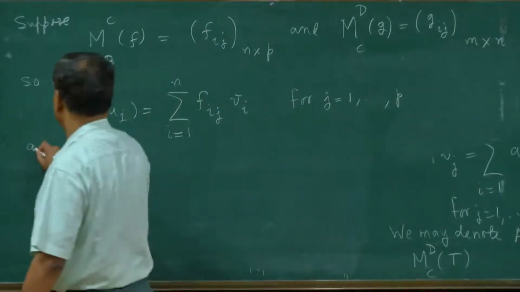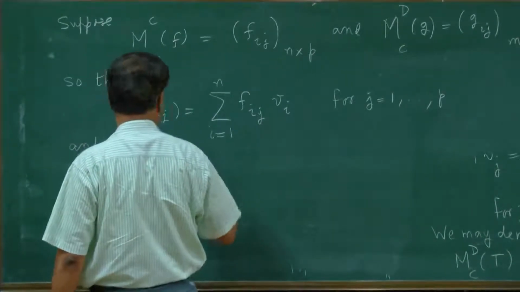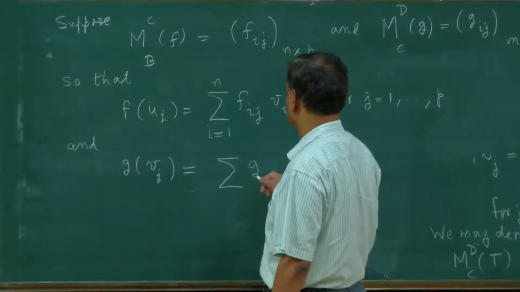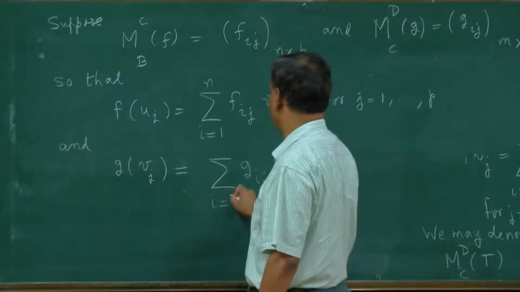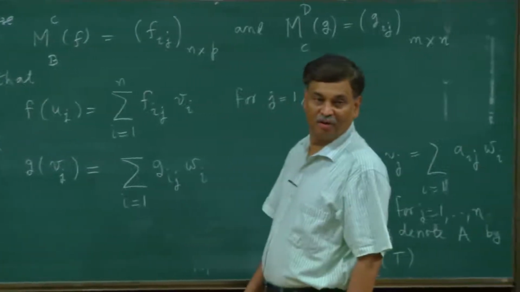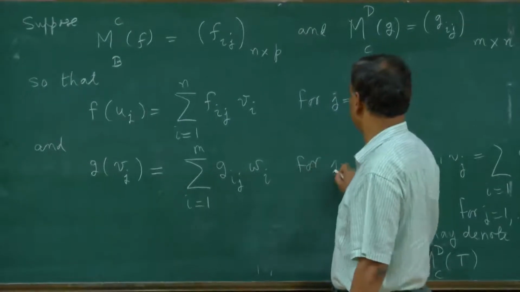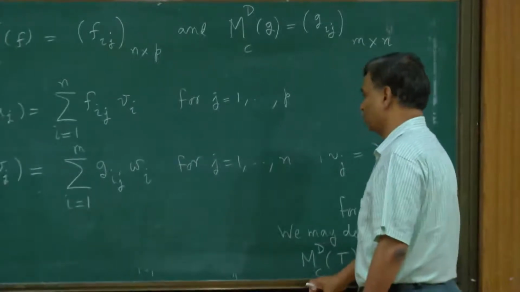And let us say g of vj will be the summation of Gij Wi, I going from 1 to m, and here j is going from 1 to n, right? Very good.